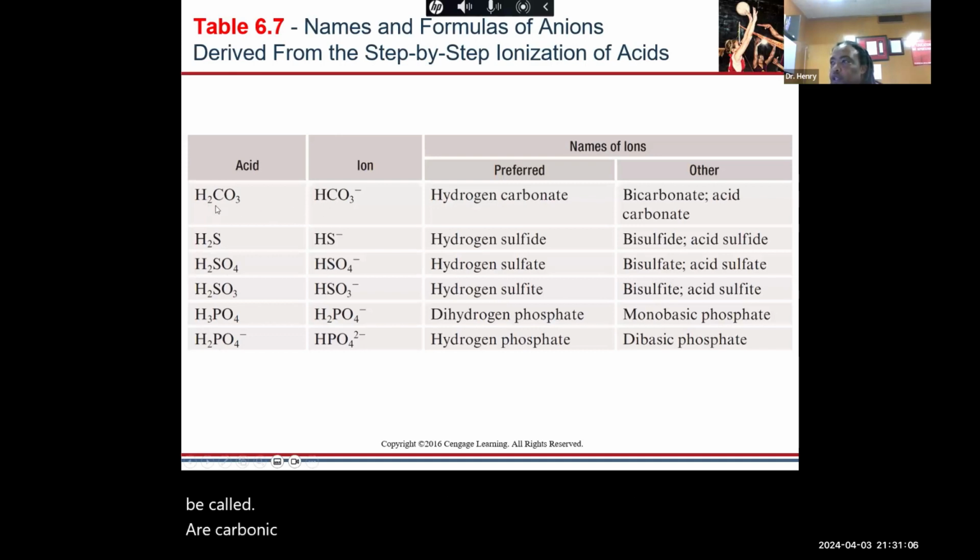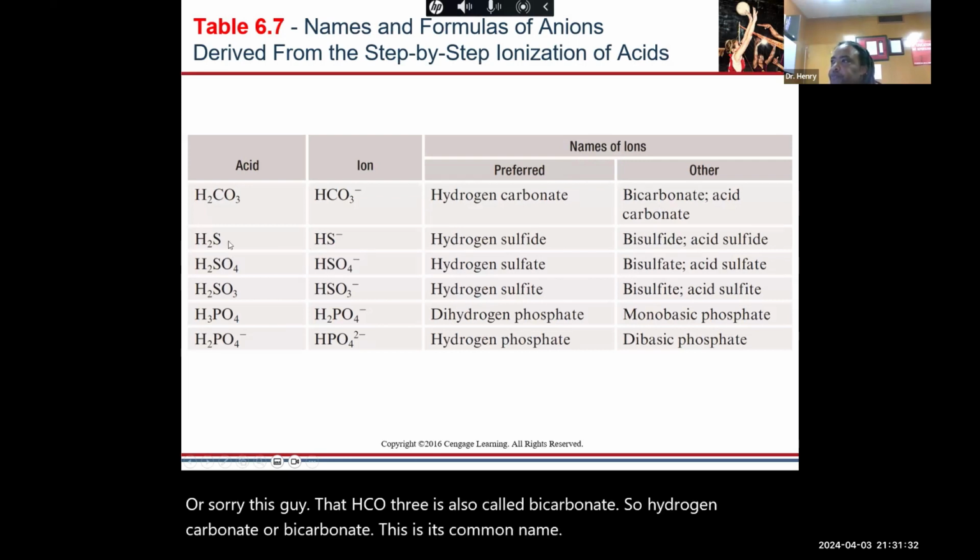If we lose one of those H's, then it becomes hydrogen carbonate. If we lose both of those H's, we have this guy, that HCO3 is also called bicarbonate. So hydrogen carbonate or bicarbonate. This is its common name.